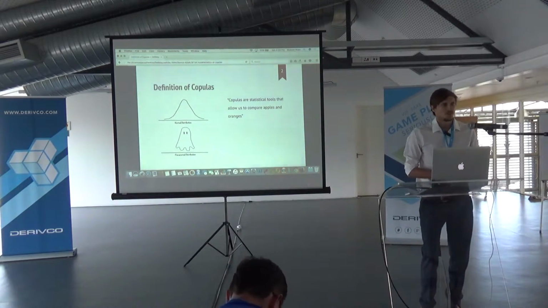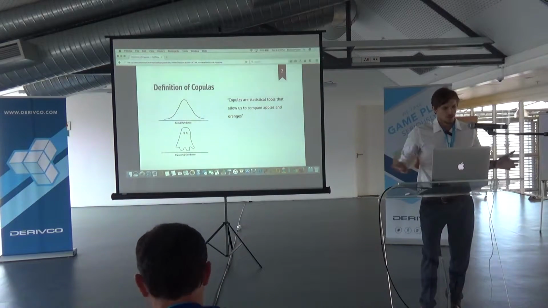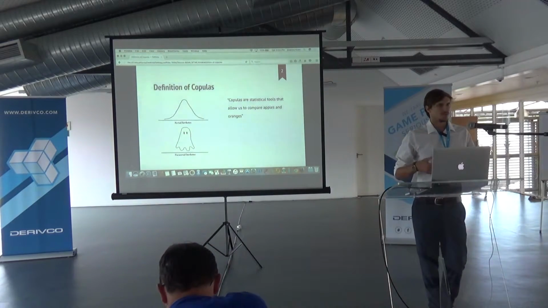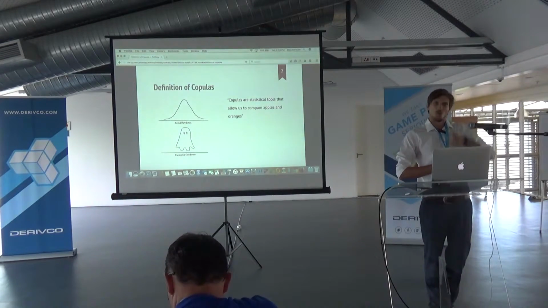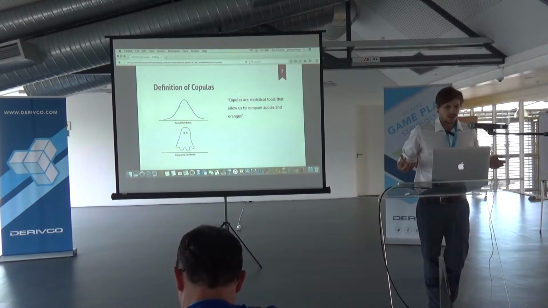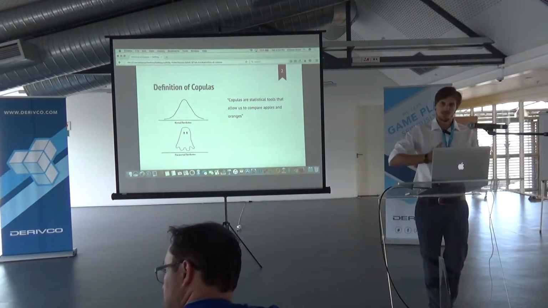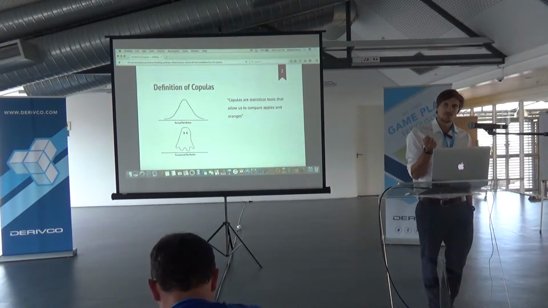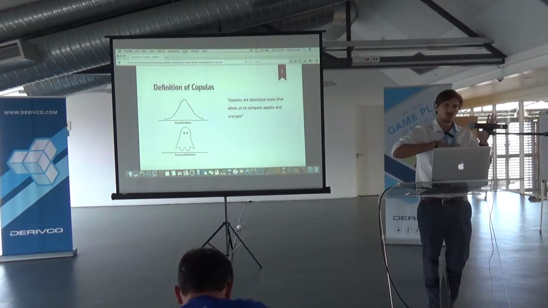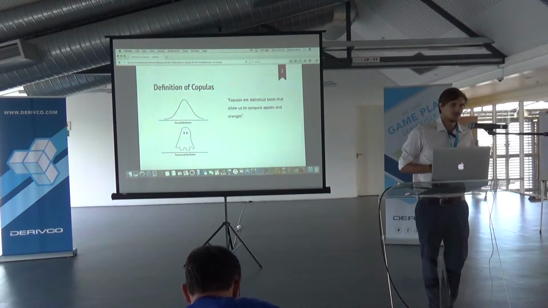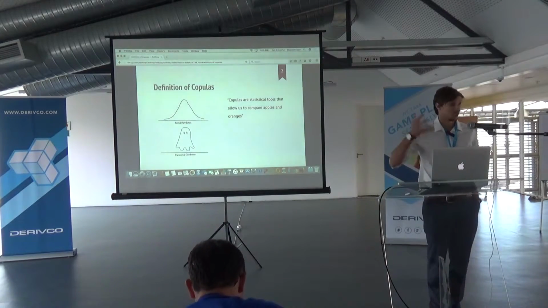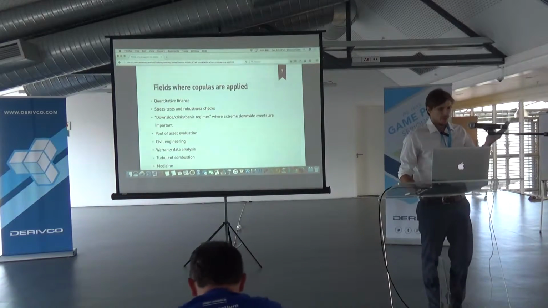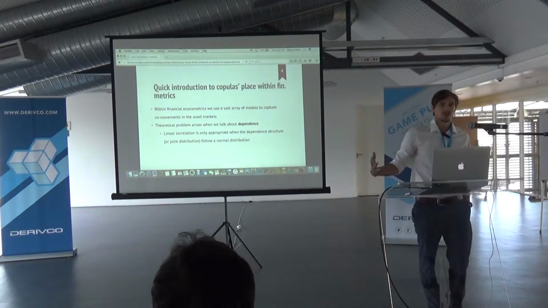A problem we face a lot in statistics is that you might want to model the joint distribution of two marginal distributions, but one's a gamma and one's a normal, so you can't use a multivariate normal to model this joint distribution. So you use copulas, which act as a linking function between these two different marginal distributions. Essentially you're able to compare apples and oranges with each other. Copulas are applied everywhere, but I like them in financial econometrics.